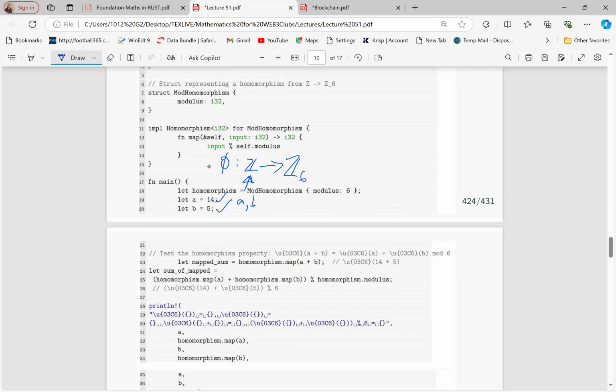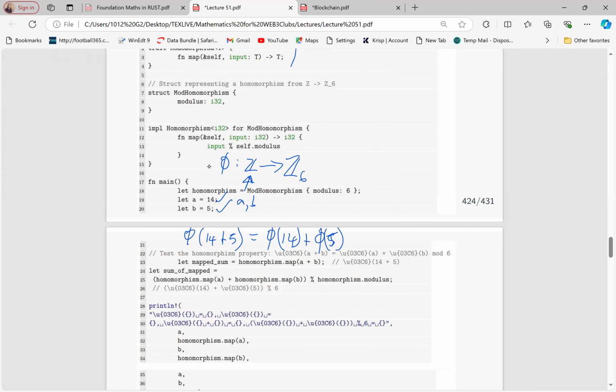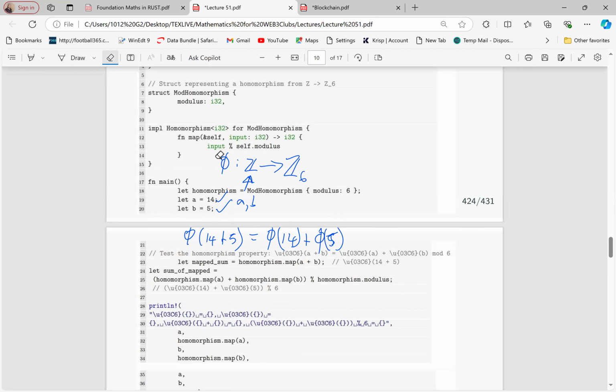And I want to see whether phi of 14 plus 5 will be the same as phi of 14 plus phi of 5. The code will be doing it for me, to see whether the result on the left side is the same as the result on the right side. My A is 14 and my B is 5. And remember, I'm doing it mod 6. You can always change your modulus depending on the group you want to deal with.